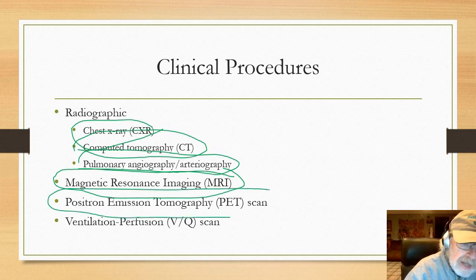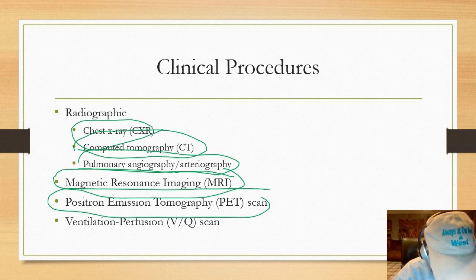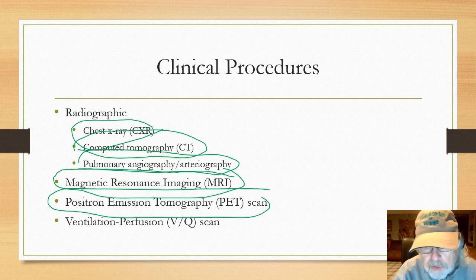Okay. PET scan. You've probably heard of PET scan. PET stands for positron emission tomography. And what a PET scan is, they take glucose. Okay. And they know glucose is used as a fuel. They tag glucose to a radionucleotide or a radioactive material and inject it. When they do that, the areas that are metabolically more active will take more glucose because they need more energy, because they need feed me, Seymour, I need more energy.